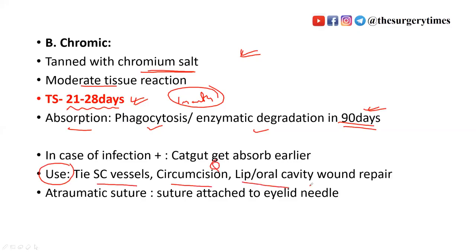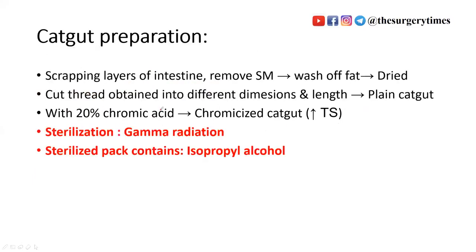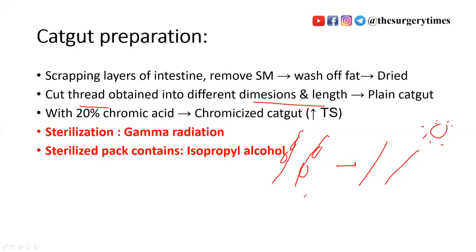And next is catgut preparation. How will you prepare it? First you should take the intestine of the sheep, then wash out the fats surrounding it. Then dry it. Then cut the thread obtained into different lengths as per requirement.